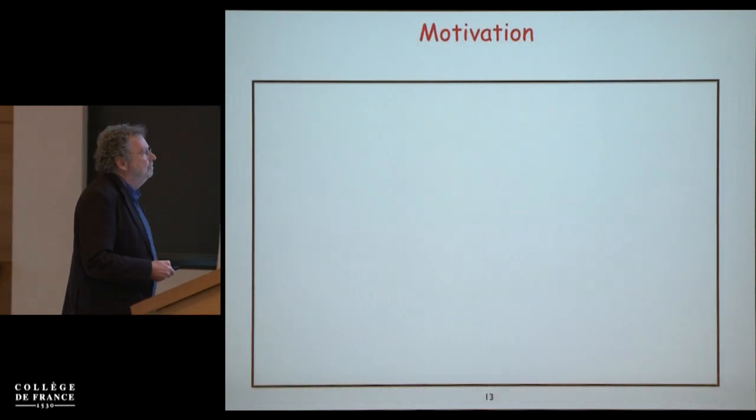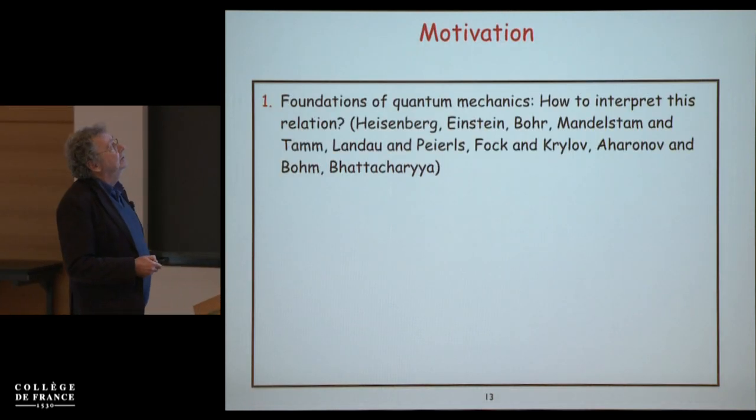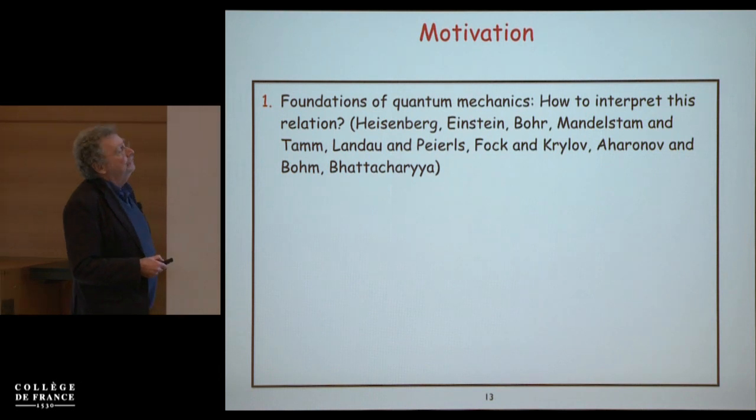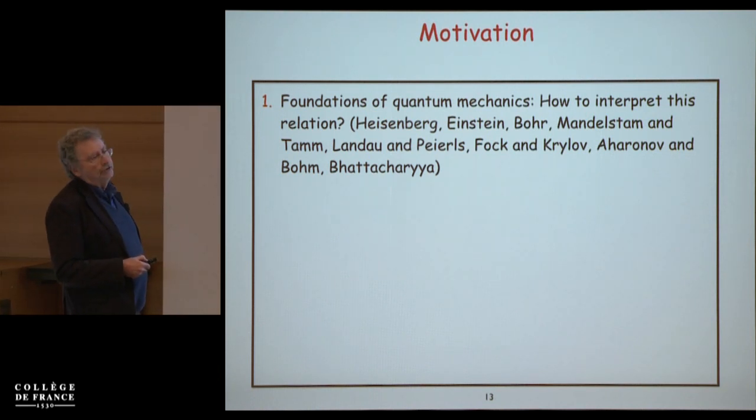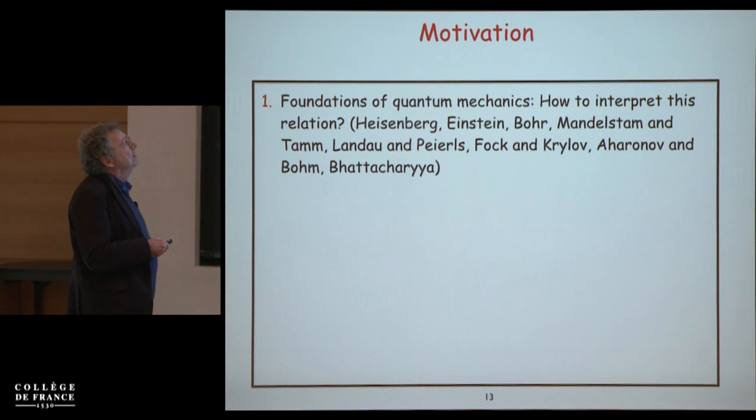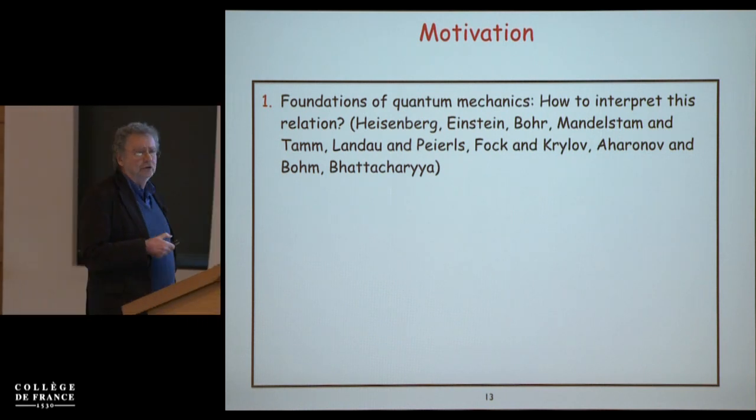Now, there are many motivations for doing this study. First, it is related to the foundations of quantum mechanics, how to interpret this relation. And in fact, there has been a long debate in the literature on that, involving, among others, these people here, related to the interpretation of this relation.